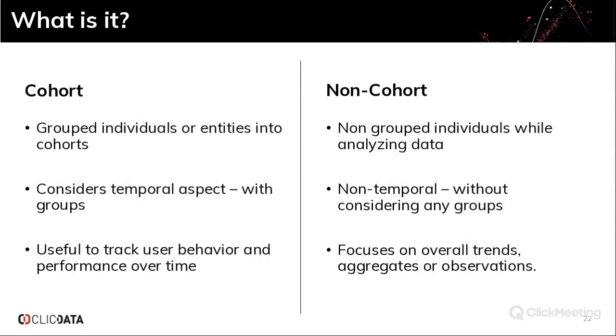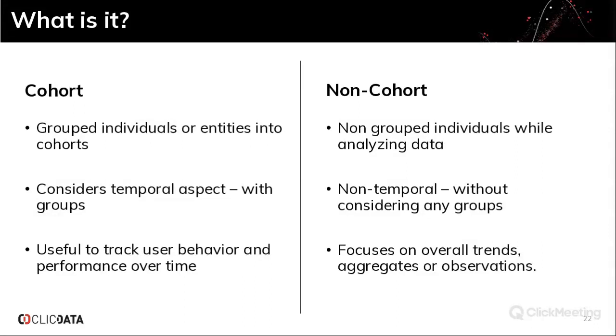So it's really a mechanism for us to track the behavior or performance over time for a specific set of users. The best way to think about it is how many students joined a particular batch and what happened with that batch of students, rather than looking at all the students in a particular university or school.